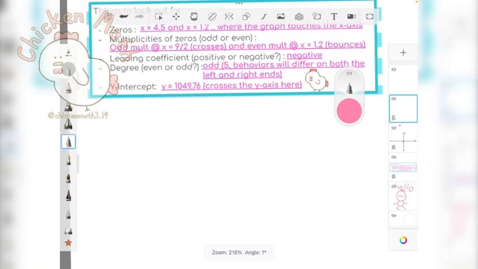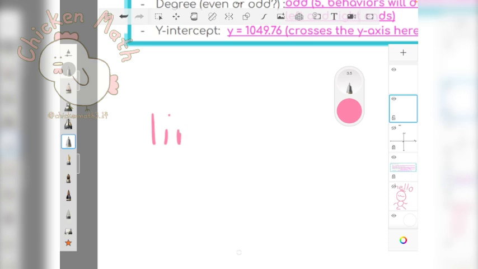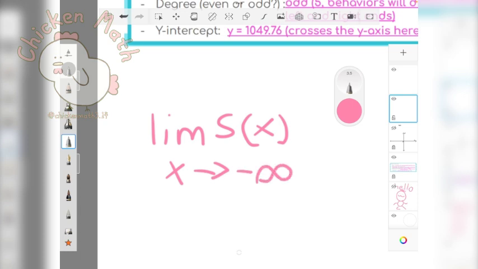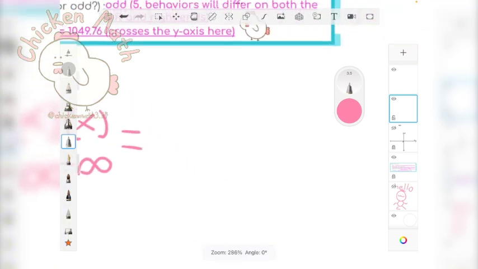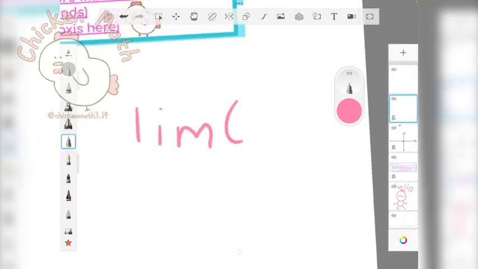Our leading coefficient is negative, and our degree is odd. Odd degrees tell us that our left and right end behaviors will be differing. So I'm going to write out the limit. So on our left-hand side, we're going towards negative infinity. Our inputs are going towards negative infinity. And our right-hand side.